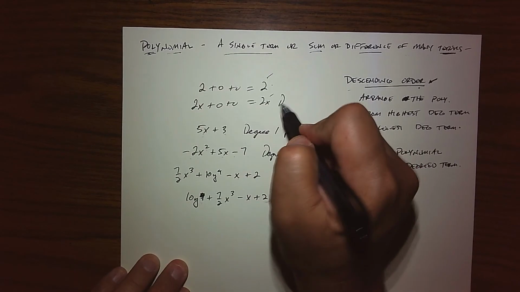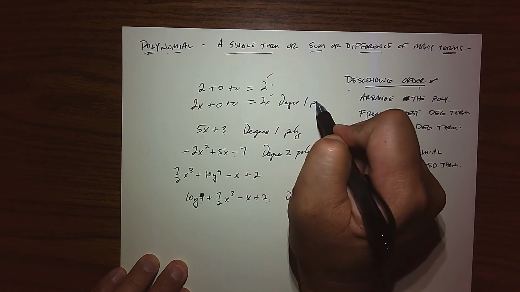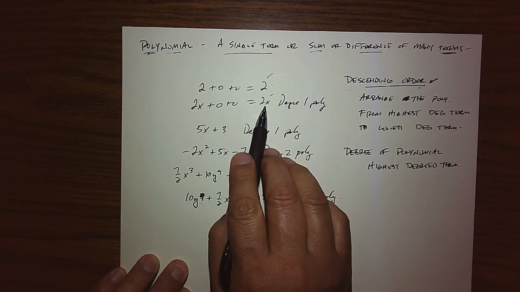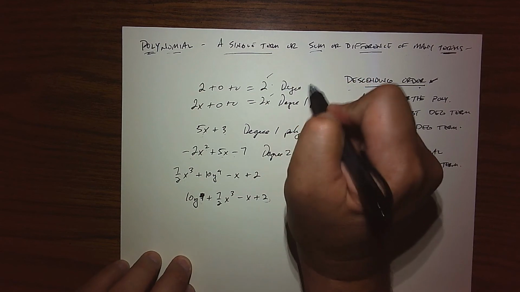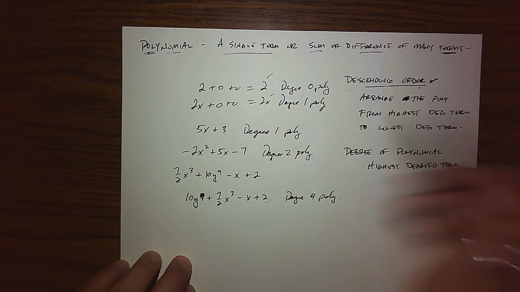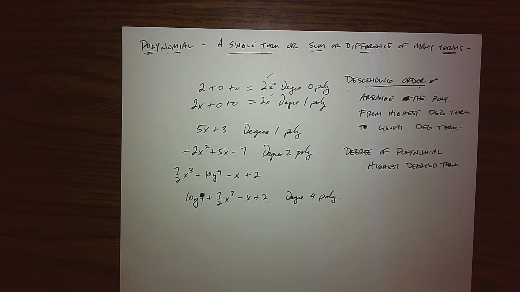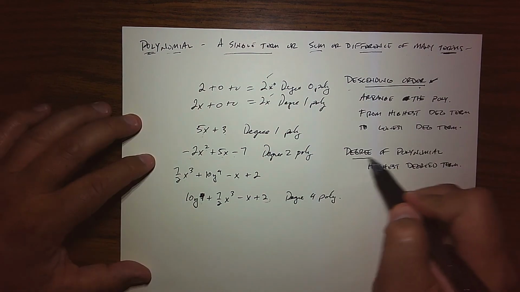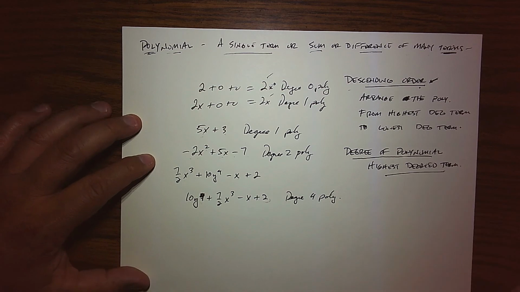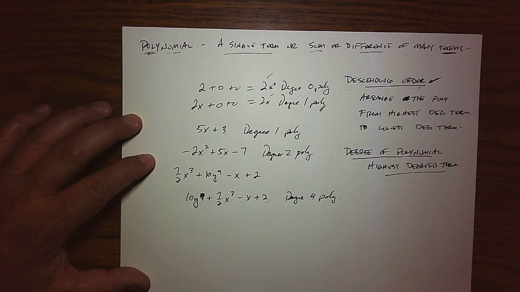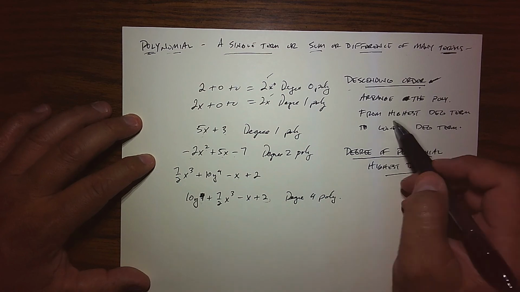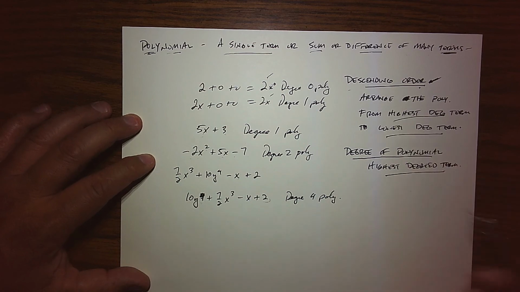And this also would be a degree 1 polynomial because the only term in it is of power 1. And this would be a degree 0 polynomial, because again, we have x to the 0 power. So that's what a degree of a polynomial is. It's the highest degree term that you got. If you put it in descending order, that highest degree is sitting right out in front because you're arranging it from highest to lowest.